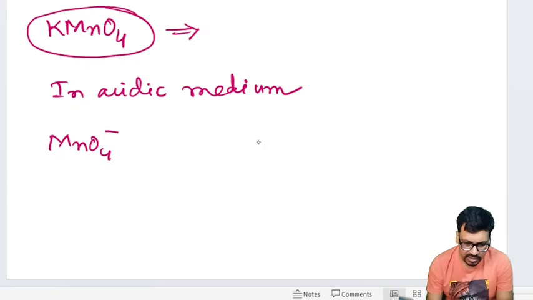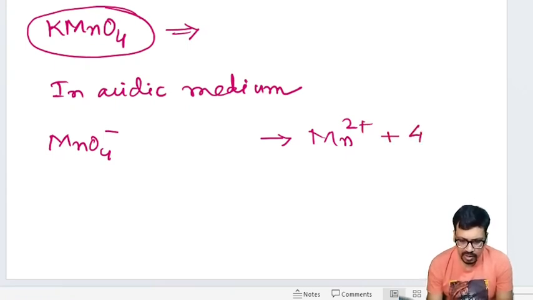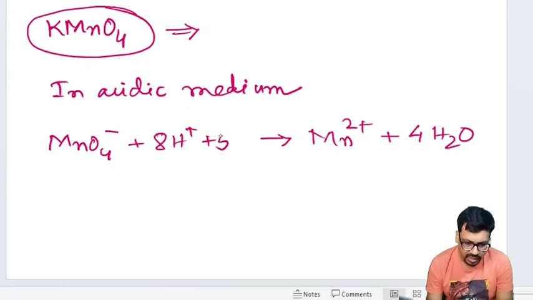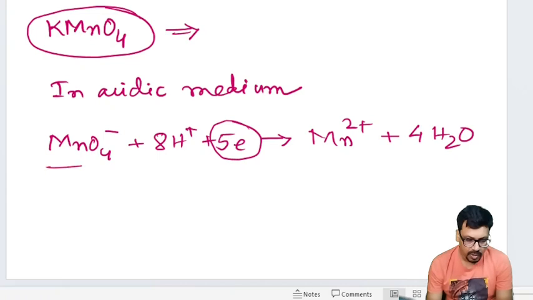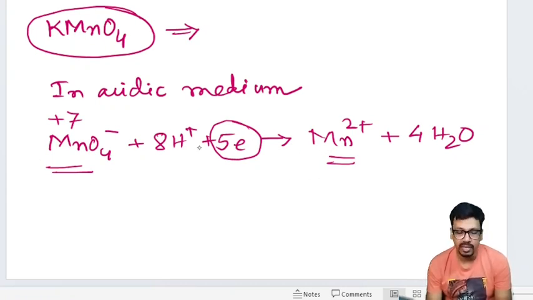By balancing this equation by the ion electron method, we get that in this process there are 5 electrons transferred. The oxidation number of Mn is plus 7, so the change of the oxidation state is 5. So here 5 electrons are required.